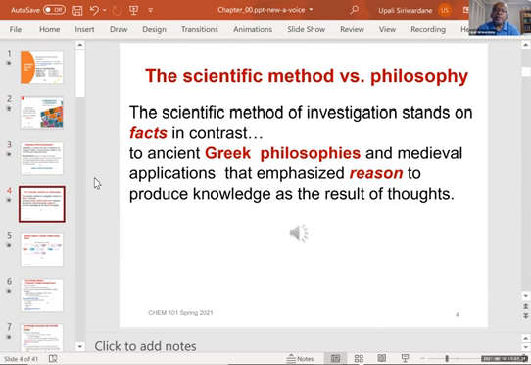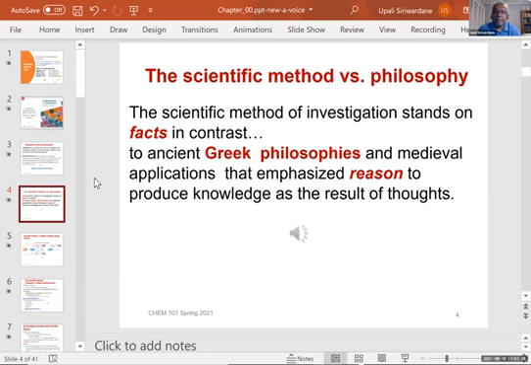Chemistry being a science, we use the scientific method. As opposed to philosophy, the scientific method is based on experiments and facts. Philosophers are people who have some knowledge about the world and come up with ideas based on reason, so they are basically bypassing the facts.